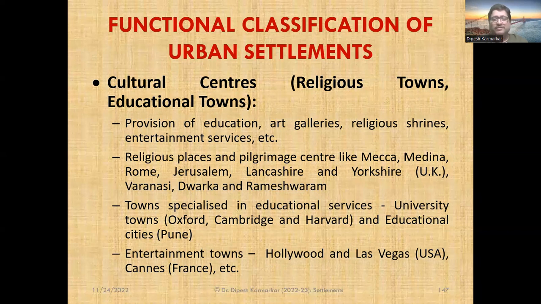Culture may be reflected in terms of religion, education, any specific art form, or specific entertainment services. So accordingly, we can sub-classify cultural centers into religious towns, educational towns, or entertainment towns. Again, depending upon the major function, we'll find the built-up area and the land uses accordingly.